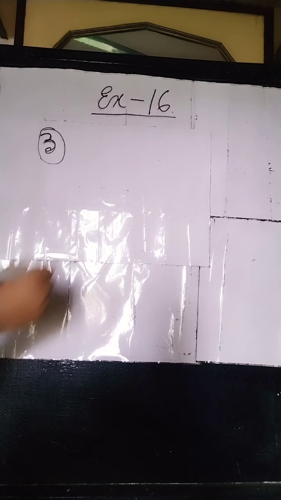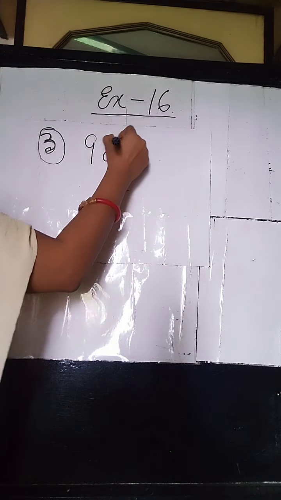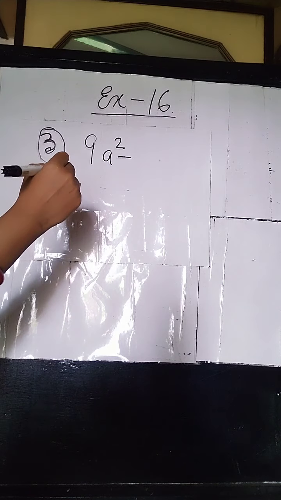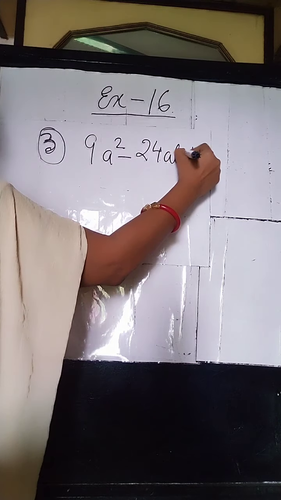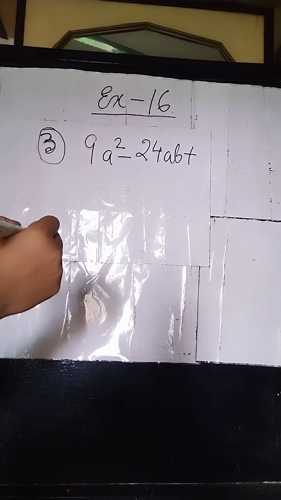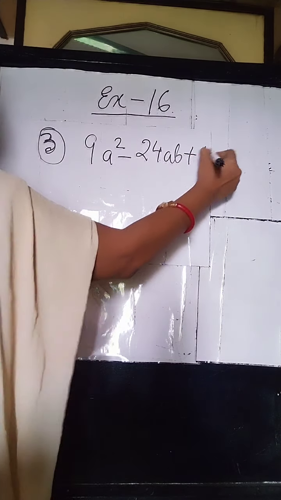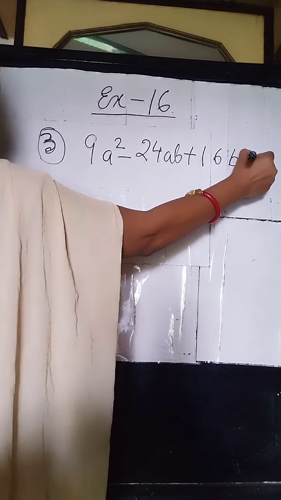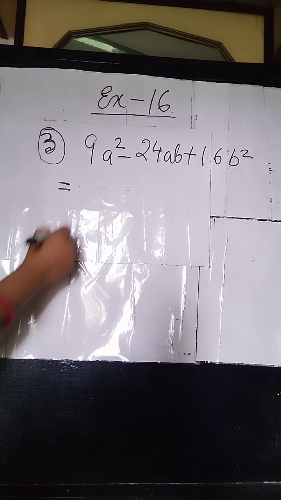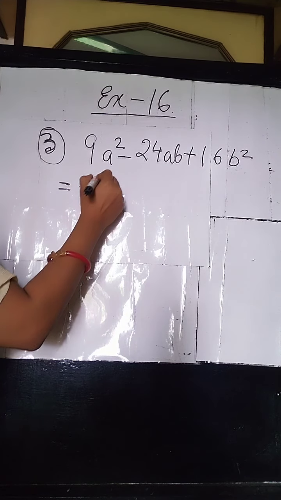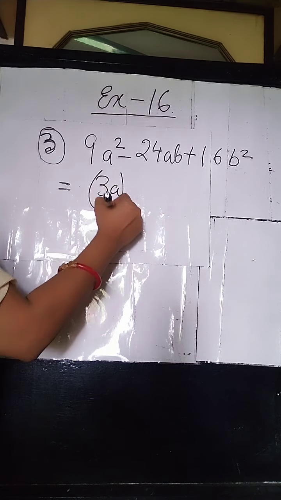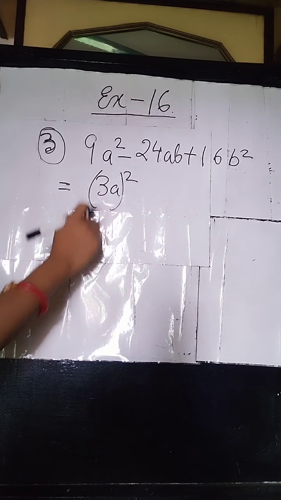As you can see in sum number 3 it is given that 9a square minus 24ab plus 16b square. So this we can write as 9a square, we can write as 3a whole square, as 9a square is the whole square of 3a.